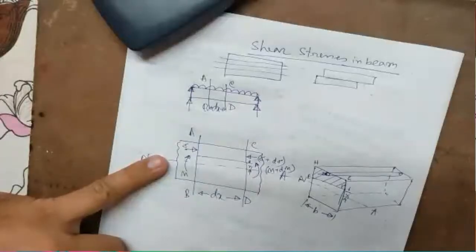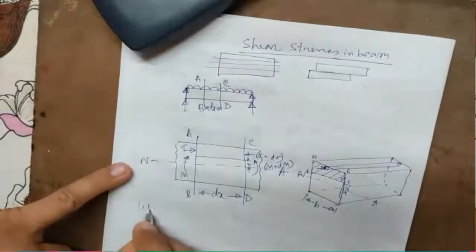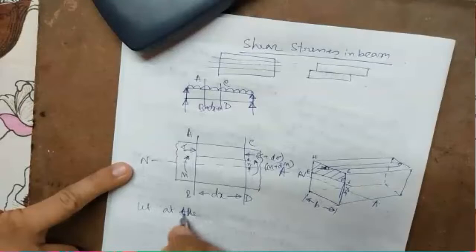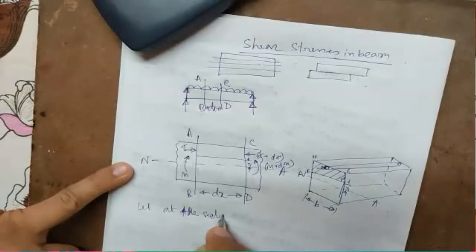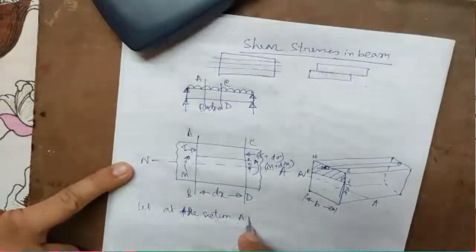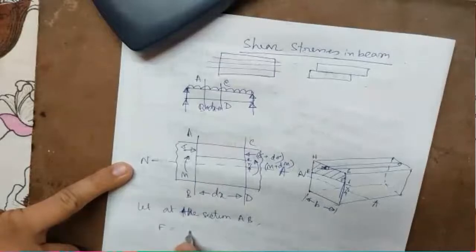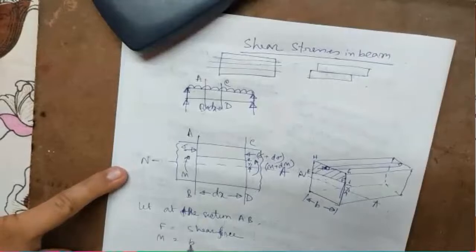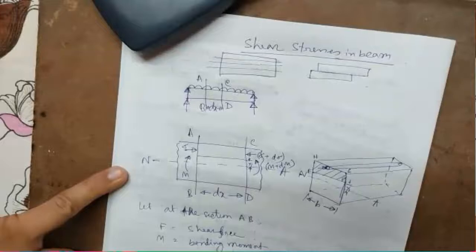Okay, let at the section AB, F is the shear force, M is bending moment.